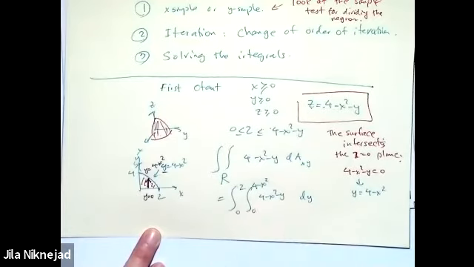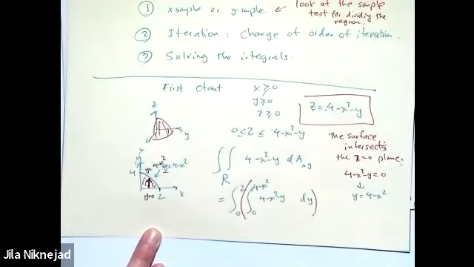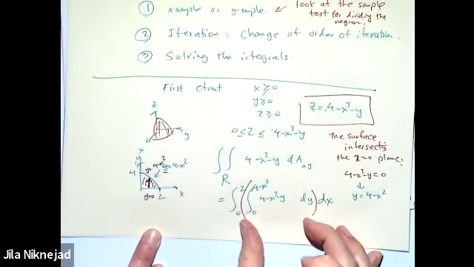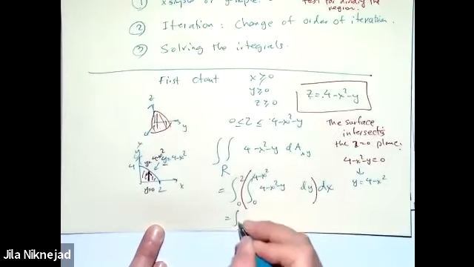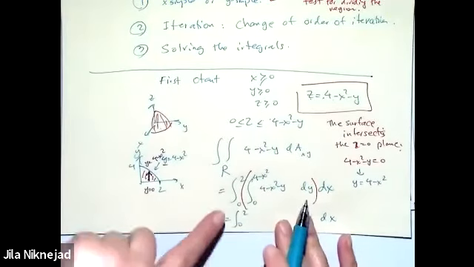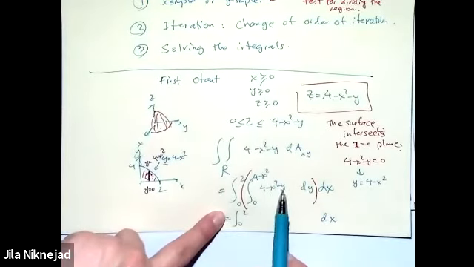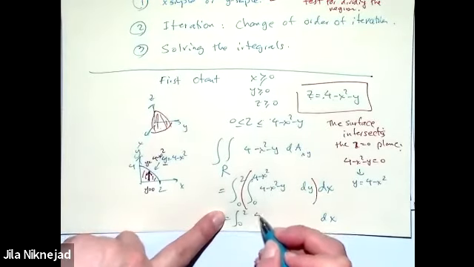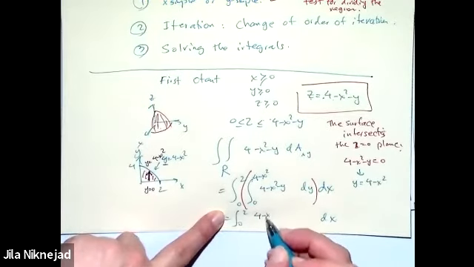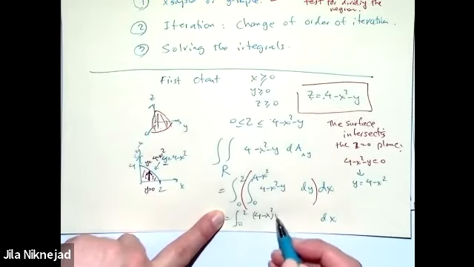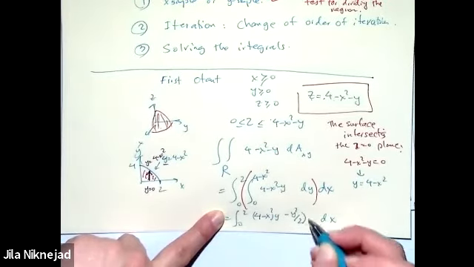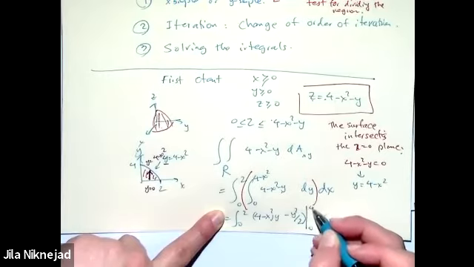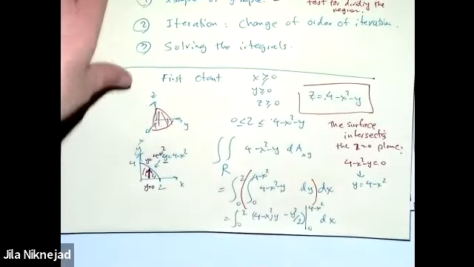So how do I integrate? Oops, sorry, I forgot the dx at the end. Find the inner one, take the integral with respect to y. I get 4 minus x squared, the constant, times y, then minus y squared divided by 2, and I plug in 0 and 4 minus x squared.